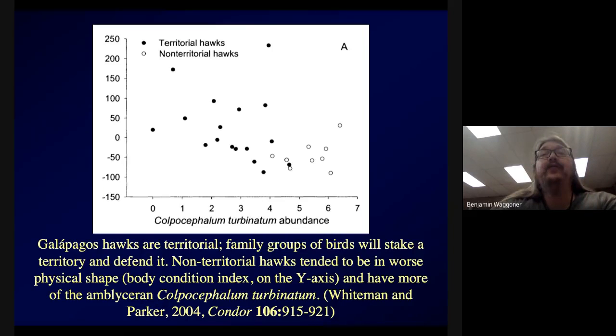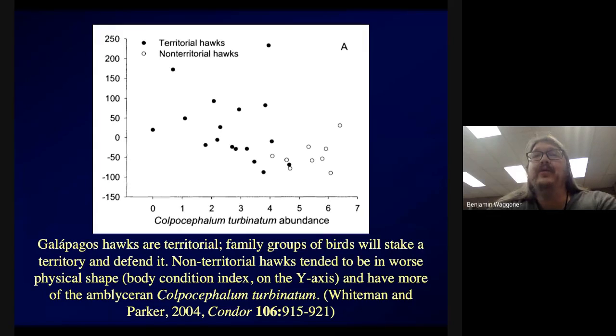On the y-axis, I'm not sure how this was calculated, but it's a measure of body condition, basically how healthy the hawk is. And the non-territorial hawks, the open circles, you can see on average are much less healthy than the territorial hawks. But what's more, they're also worse parasitized. The non-territorial hawks have more of the chewing louse called Colpocephalum turbinatum, which I'm assuming is caused by the hawks that are less well fed and more stressed, having a less efficient immune system.